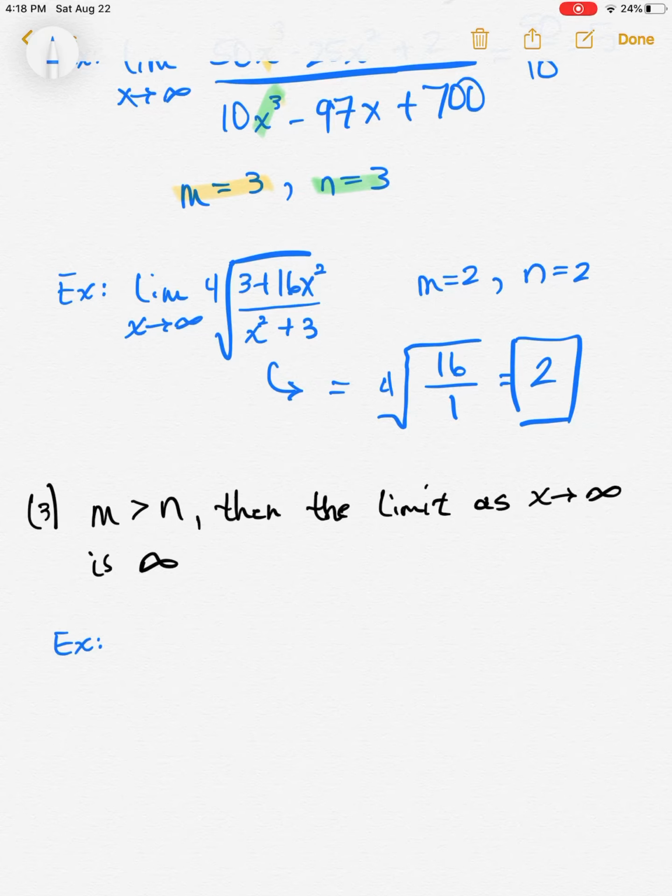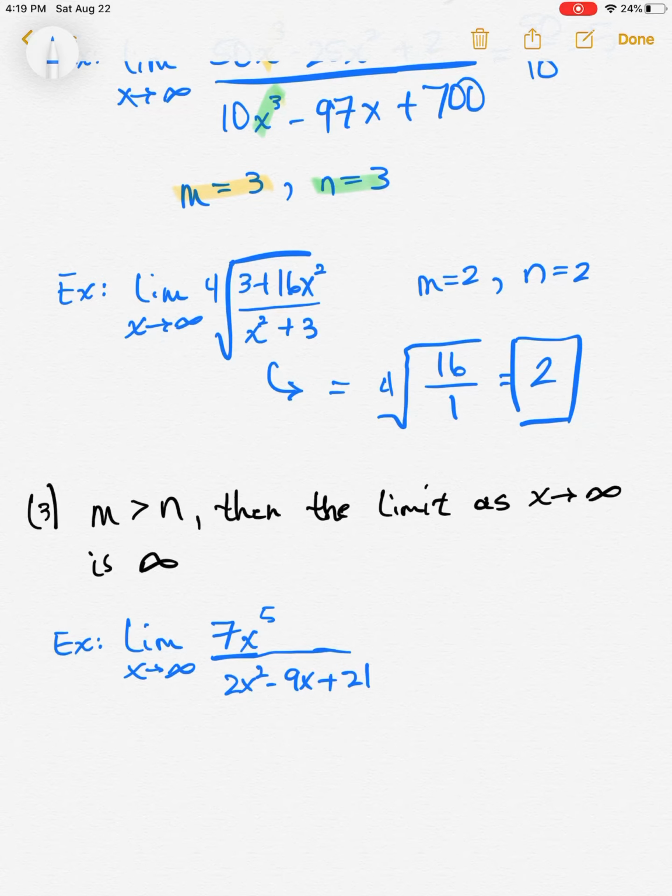Let's say we have the limit as x approaches infinity of 7x to the 5th over 2x squared minus 9x plus 21.